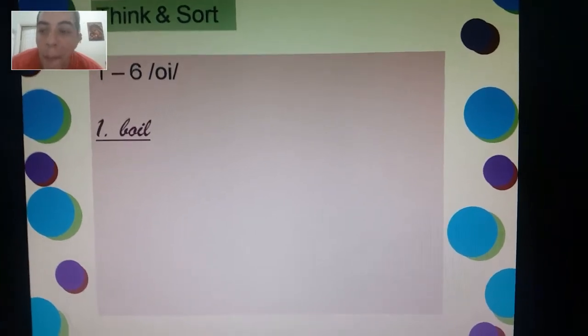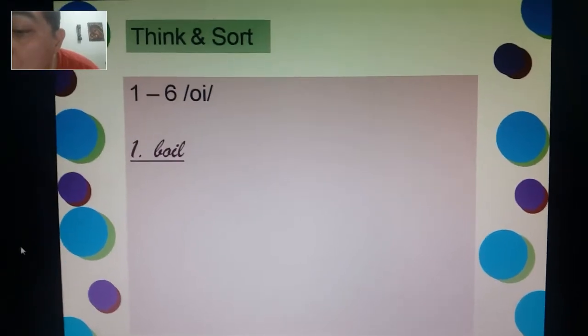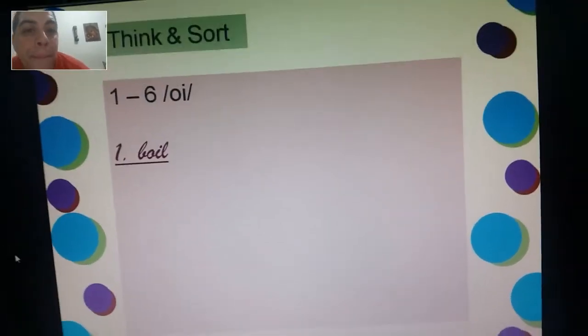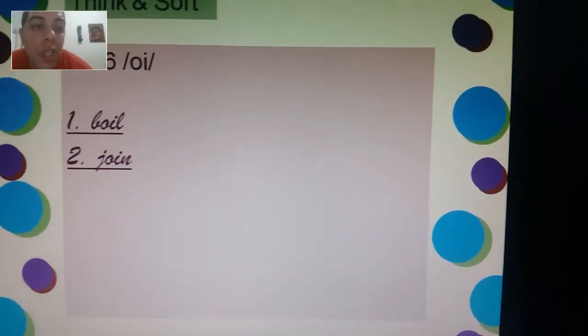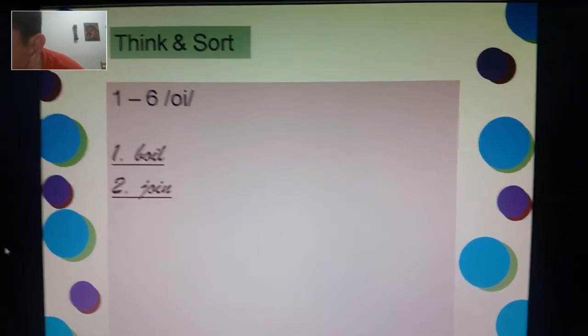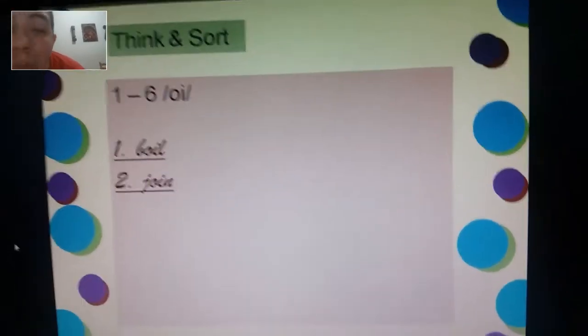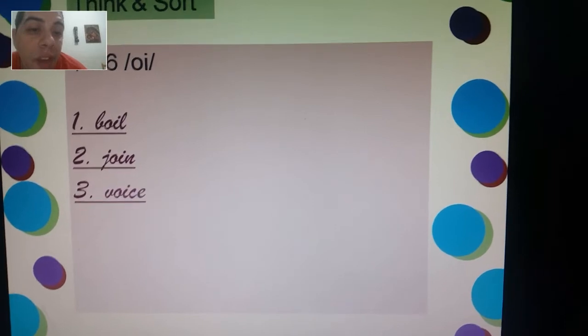Boil. There's a sentence here. It says, water will boil when it gets very hot. Boil. Hervir. Number 2. Join. Example says, Roberto wants to join the team. Join. Unirse. 3.